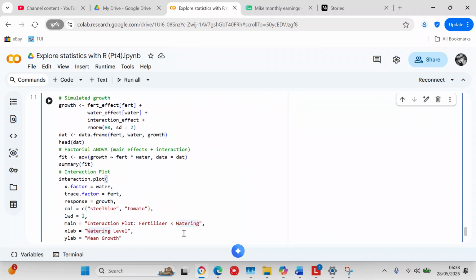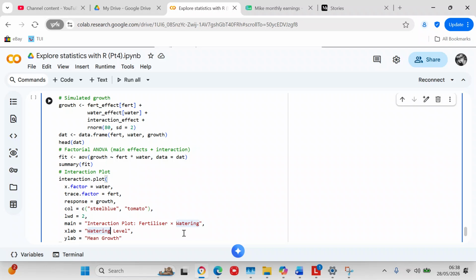So now we're going to simulate the growth. So growth becomes fert effect, brackets fert, plus water effect, brackets water, plus interaction effect, plus rnorm. That's a randomly sampled normal distribution of 80 samples with a standard deviation of 2.